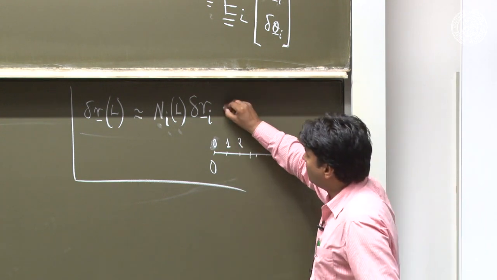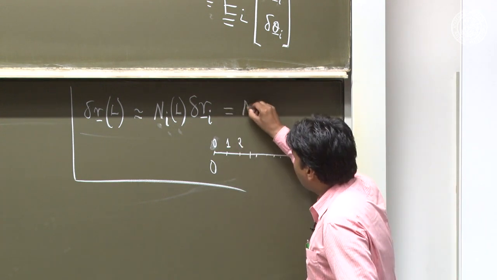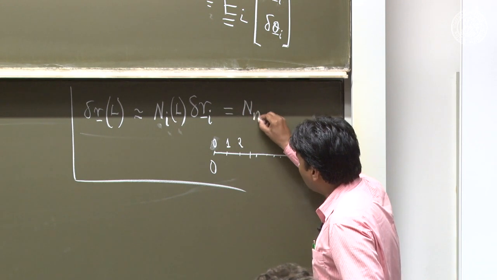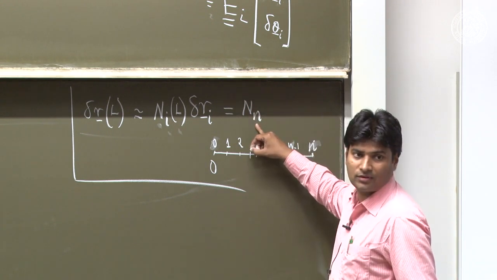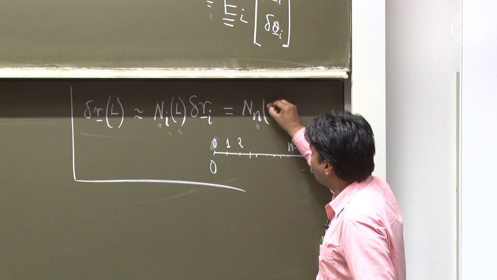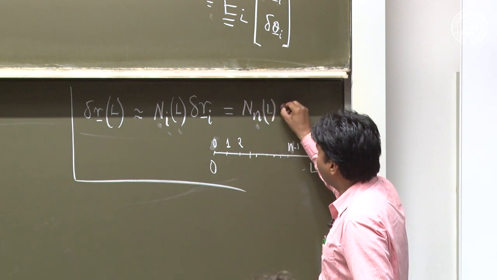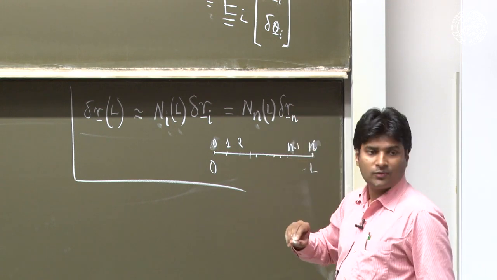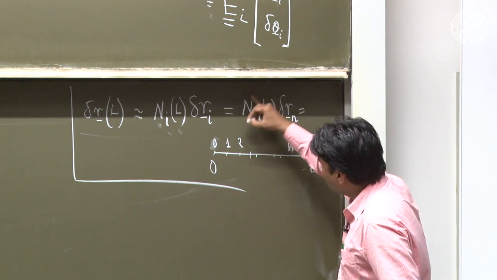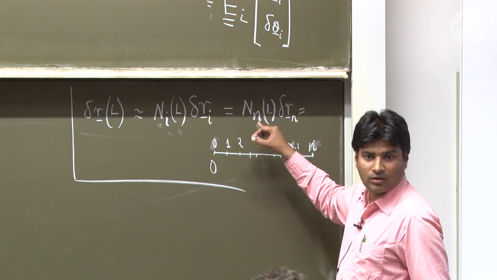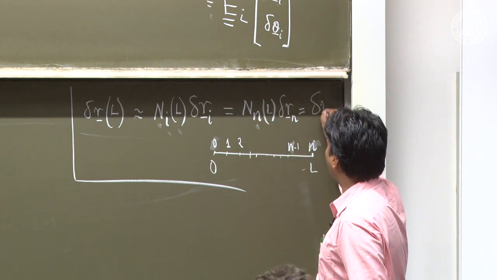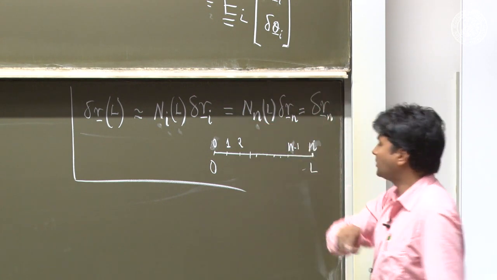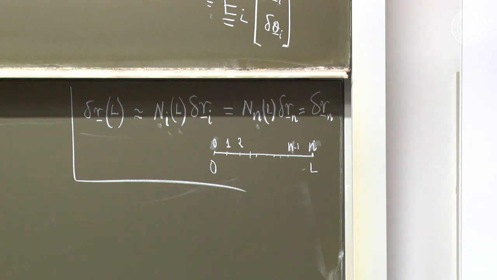So, this is simply equal to n, the nth shape function evaluated at L times del little r n, and this is nothing but 1. So, this simply becomes del little r n, right.